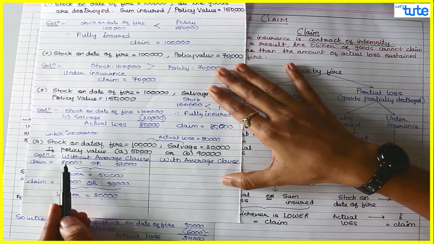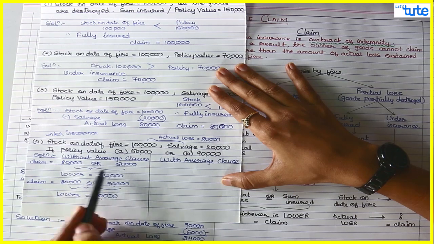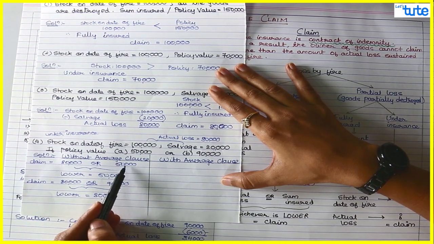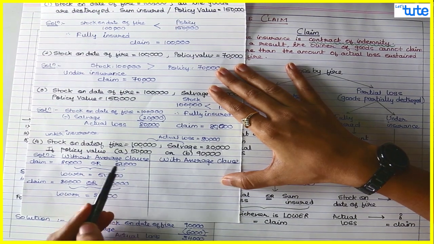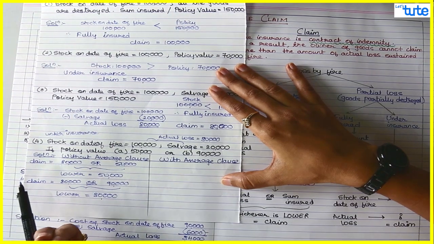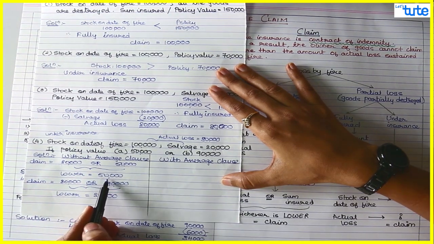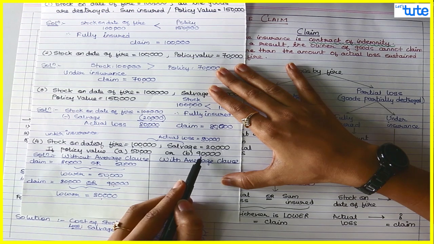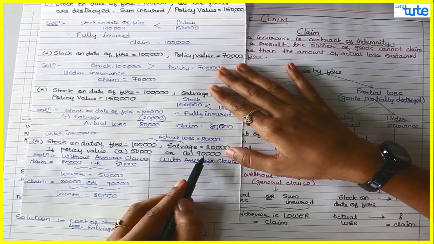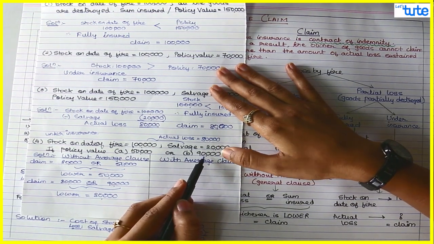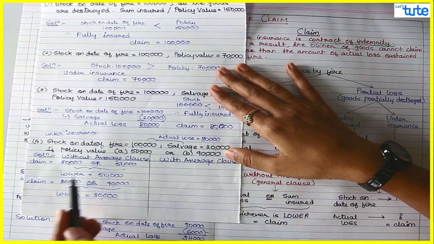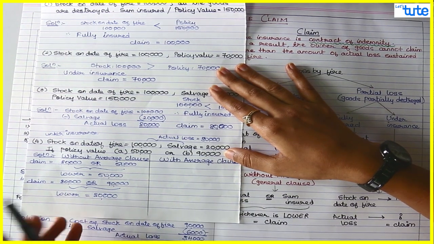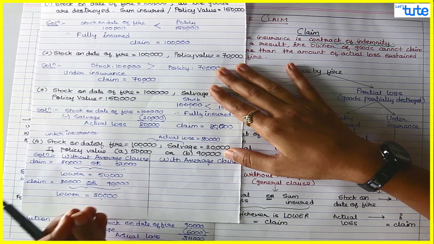In the first case, against this loss of 80, you had a policy of 50. So the insurance company cannot compensate you more than 50 because your sum insured is only 50,000. So you got the claim of 50,000. In the second case, you had a policy of 90. So the insurance company can compensate you for 90,000, but the loss you suffered is only 80, and you cannot get claim more than your loss amount.